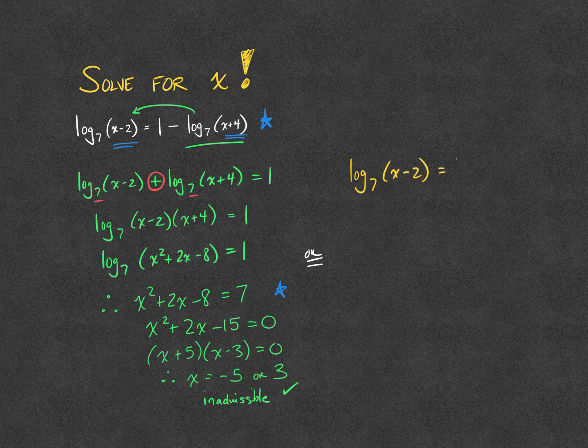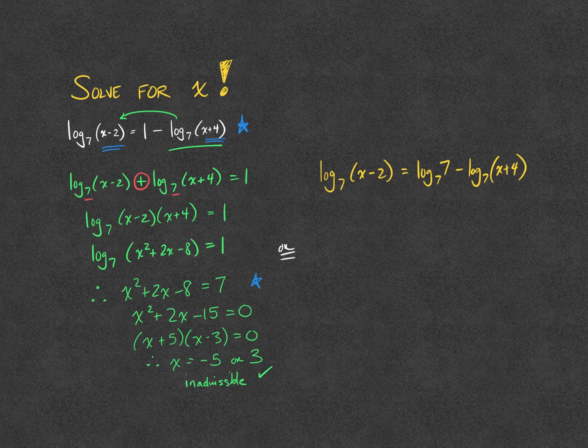So I'm going to take that 1 and write it as a log base 7, log 7 from base 7. There's my 1. And by doing that, you'll notice I create a situation like the one in the green. On the right side, I have two logs base 7.